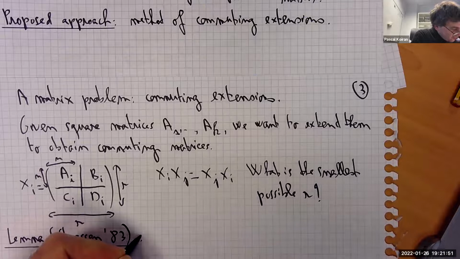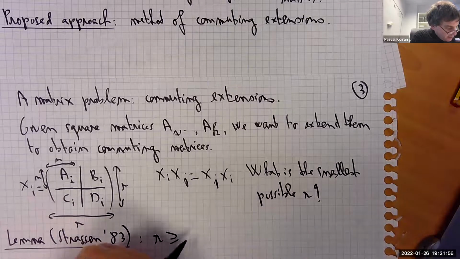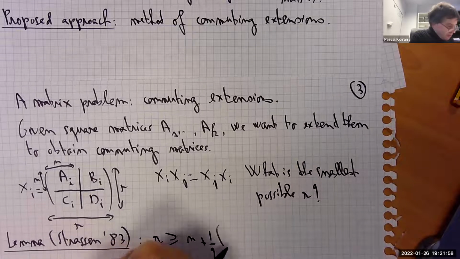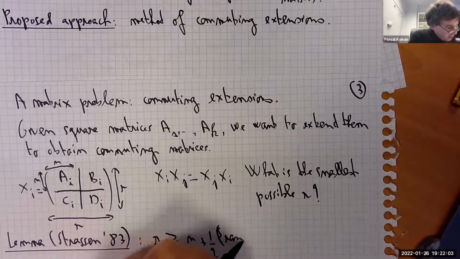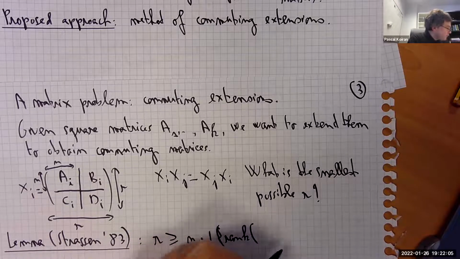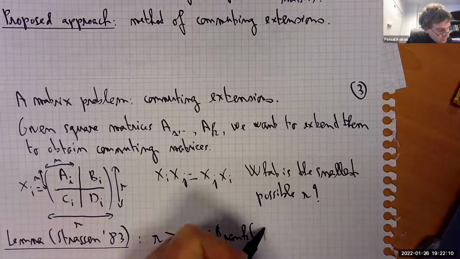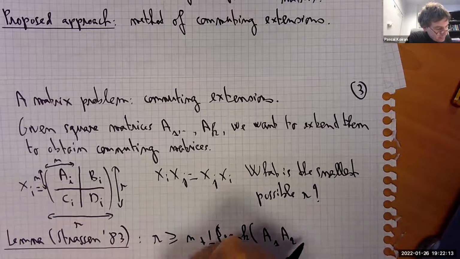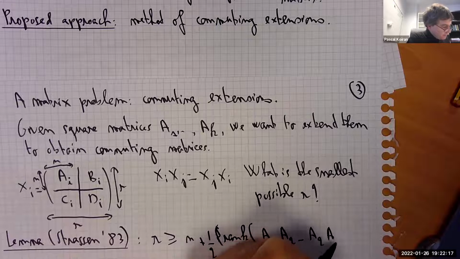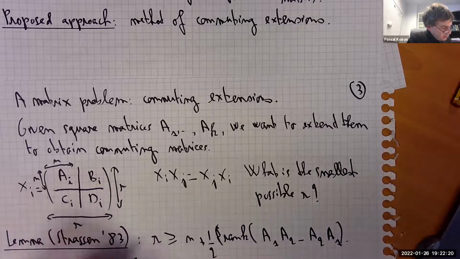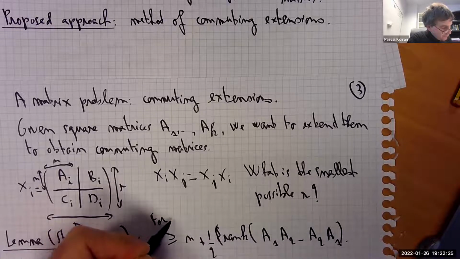So Strassen showed that R is at least n plus one half of a rank, and it's for two matrices. Okay, so I have just two matrices, A1 and A2, so k is equal to 2.